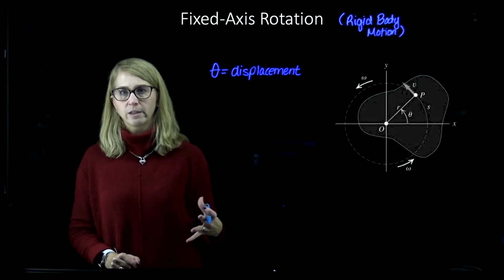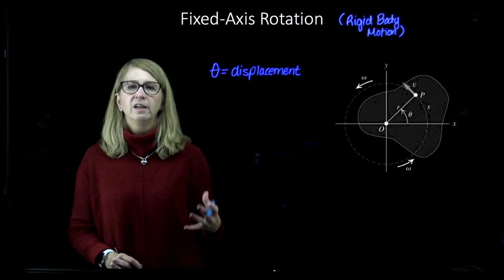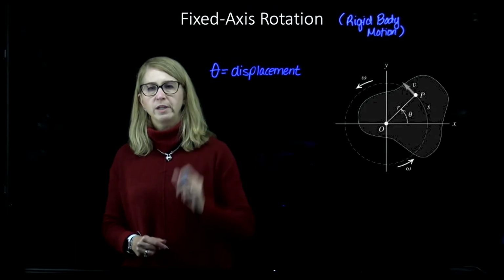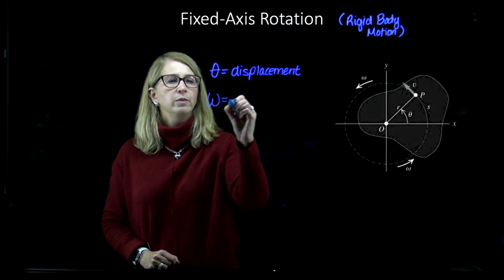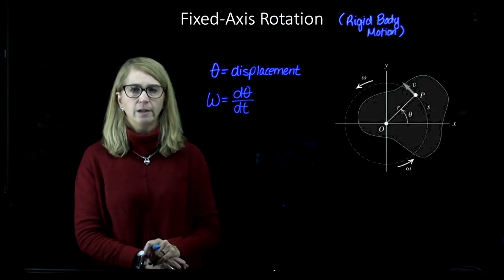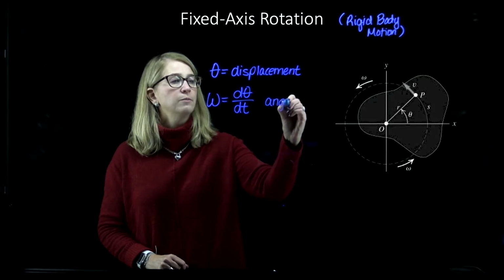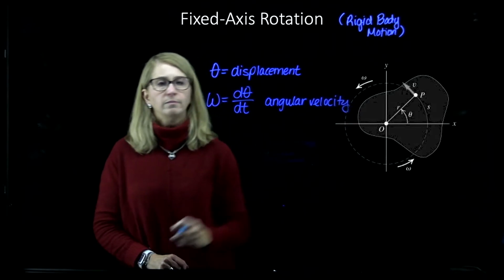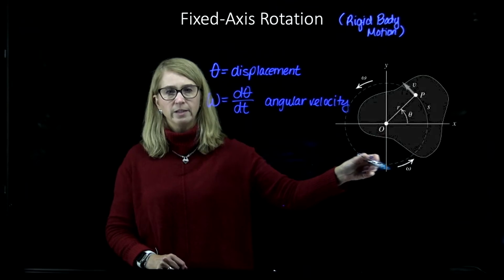And so that's another thing to notice: now when we're talking about rotation, things are going to be measured as angular quantities. So our displacement is theta. Our velocity, which is going to be the derivative of the displacement with respect to time, we call omega. And that is the angular velocity. You can see that in this picture, omega is indicated.